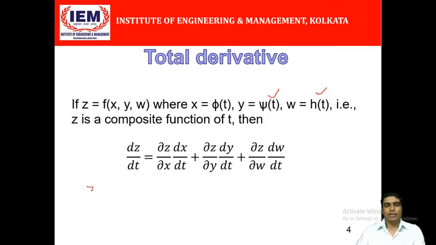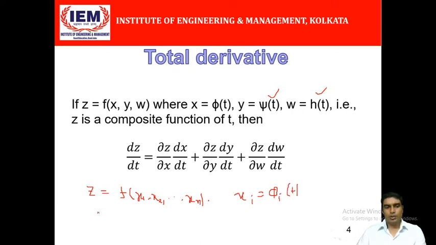Suppose z is a function of n independent variables, let's say x1, x2, up to xn, and each of these xi is some function of t, phi i of t. Okay.